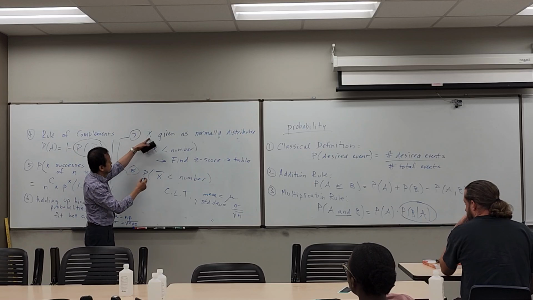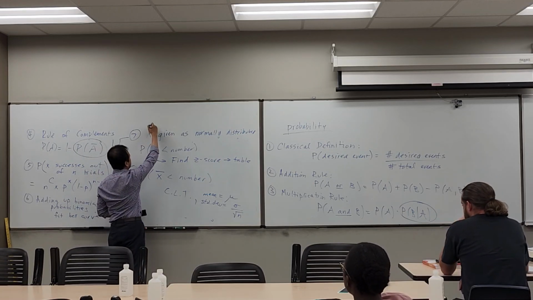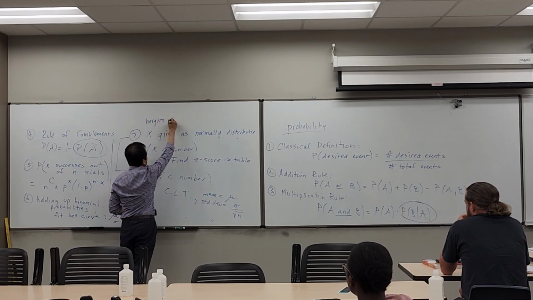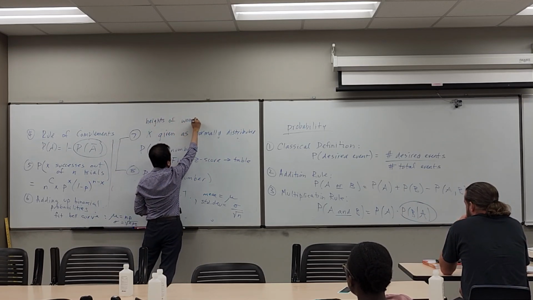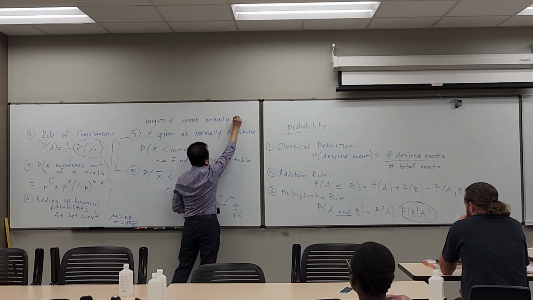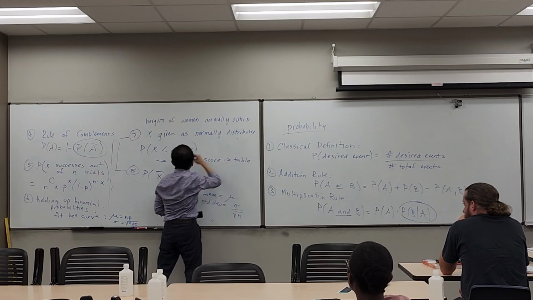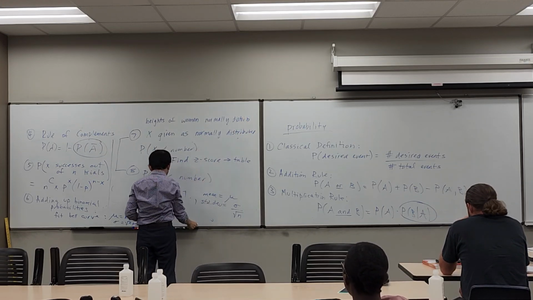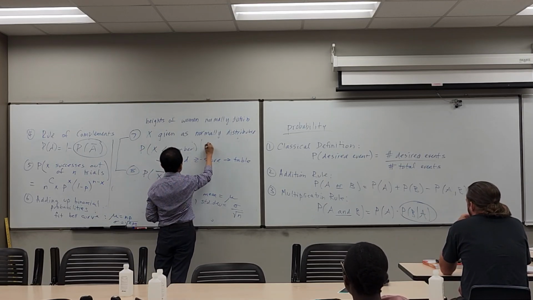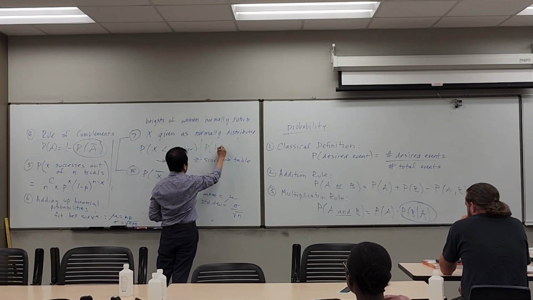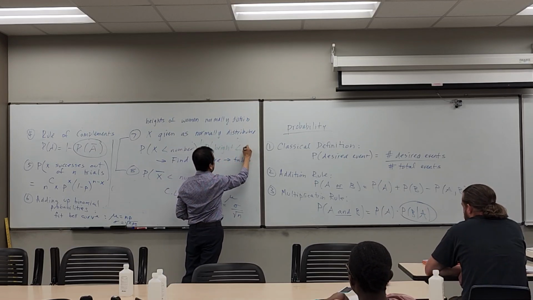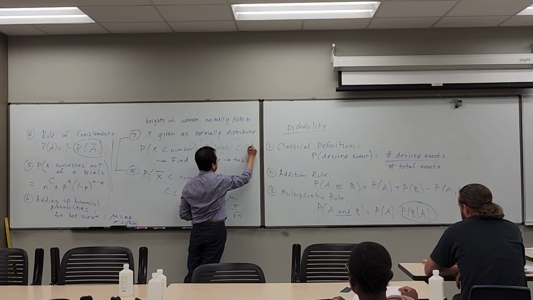So in this case, if you're told, for example, heights are normally distributed, heights of women. You could be asked, what's the probability that the height of one woman is less than 5'10", for example.